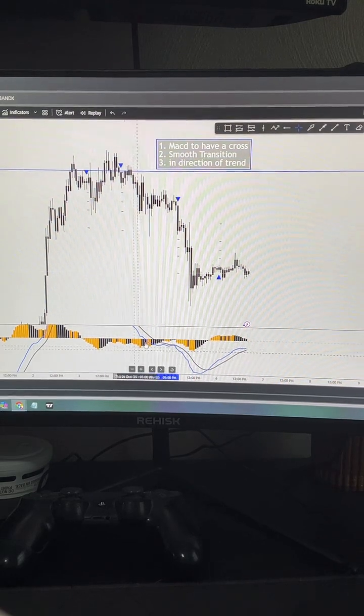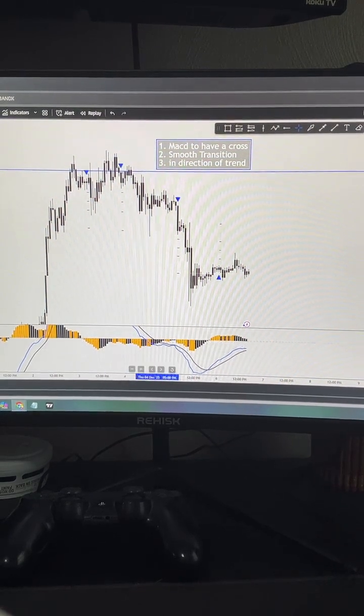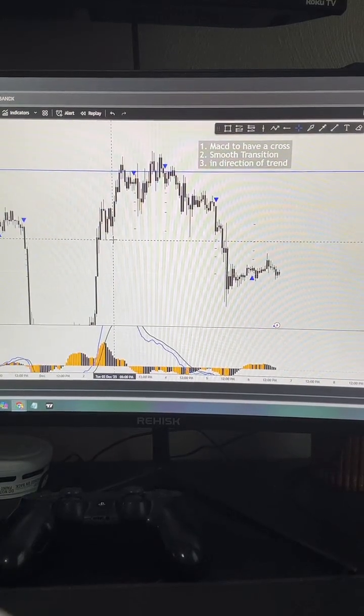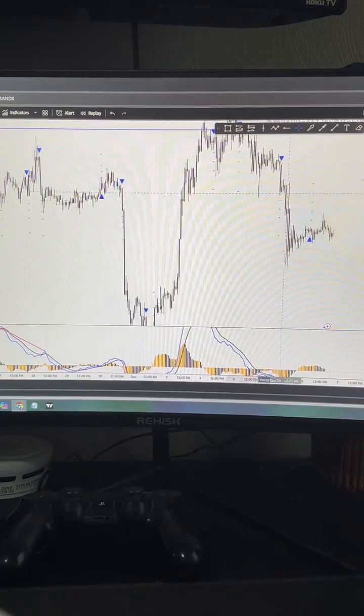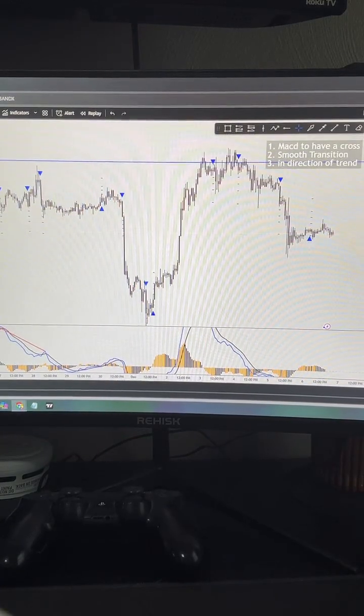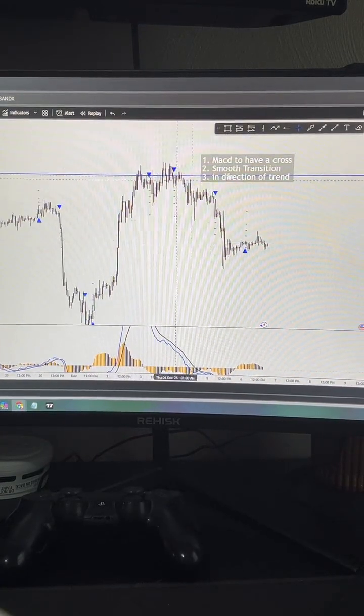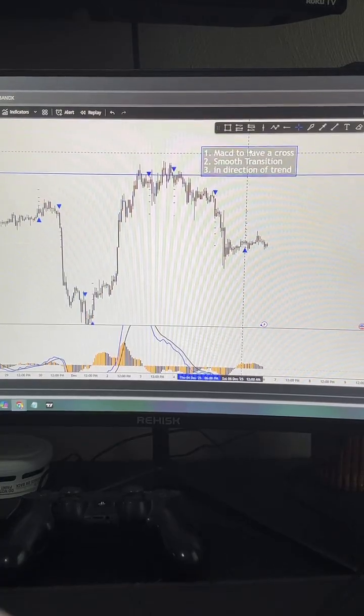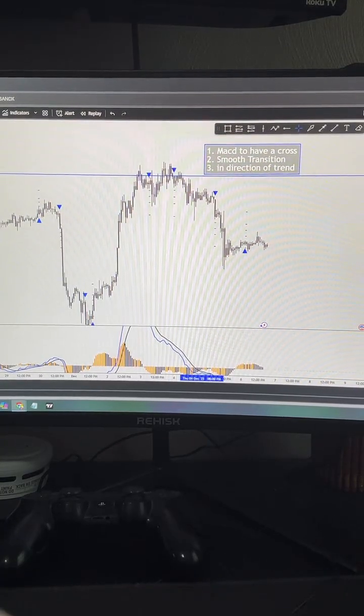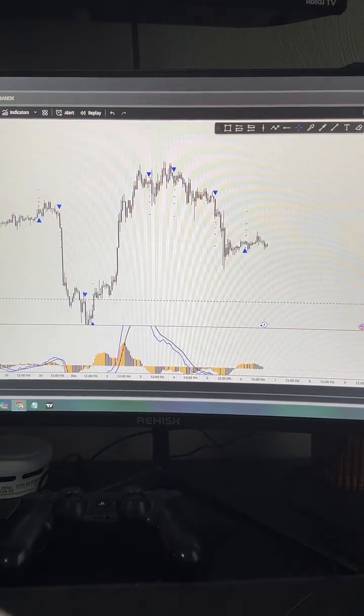So, like I was saying, anytime you get a signal, I really just look and wait until I see these three things. Now, if you want to trade bear market, you can still do that.